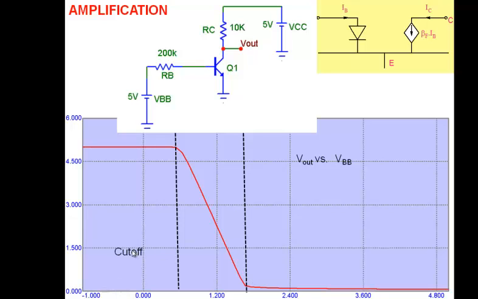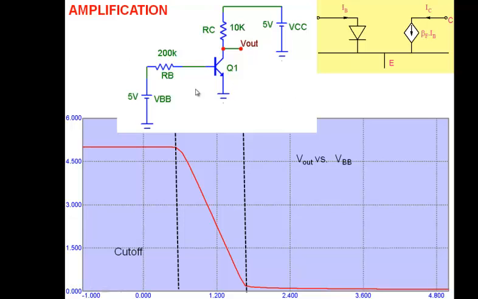This is the cutoff state. Keep in mind the voltage here is VBB. Now, if I apply 0 volt VBB here, what happens to the base current? Remember, what is there between base and emitter? A diode. It requires at least 0.7 volt to turn it on.